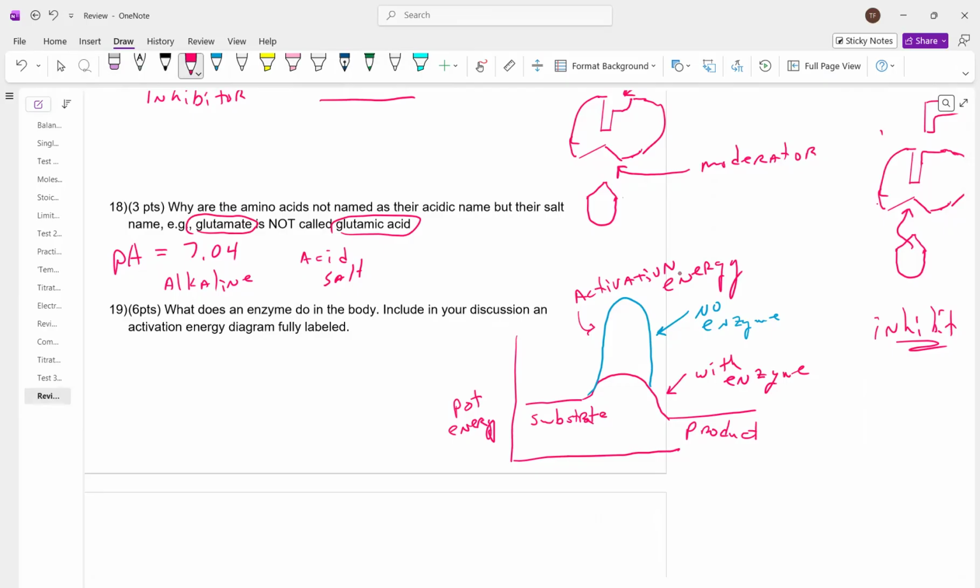That's the energy required to break apart the reactants or break apart the substrate. And that determines how fast the reaction goes. If the activation energy is very high, the reaction's slow. Like I gave you the example of charcoal and diamonds. Diamonds convert to charcoal, but very, very slowly, because charcoal is more stable than diamonds.